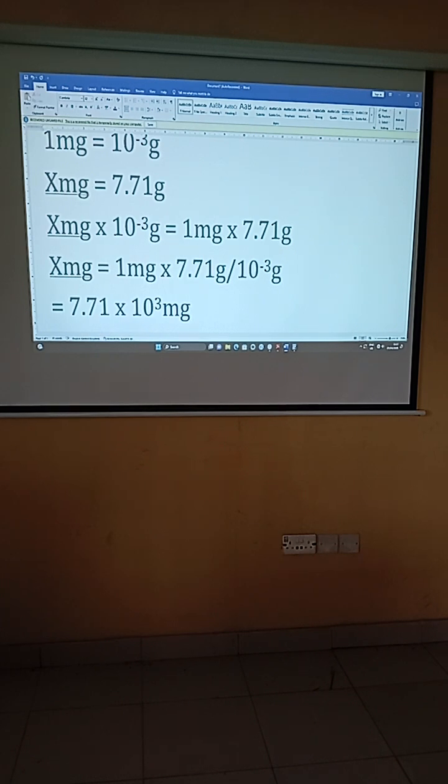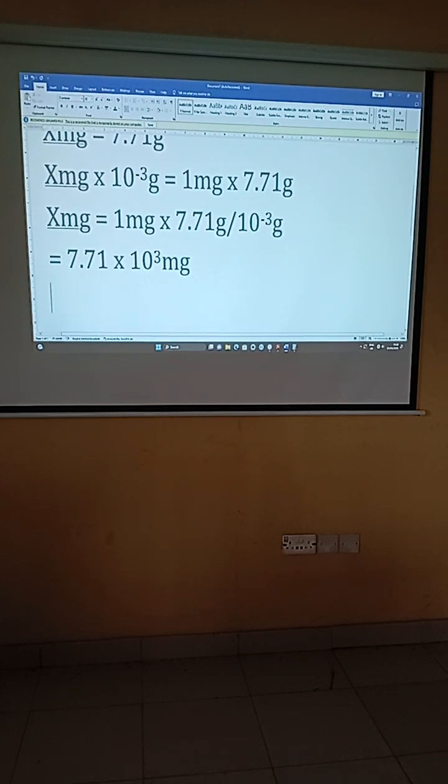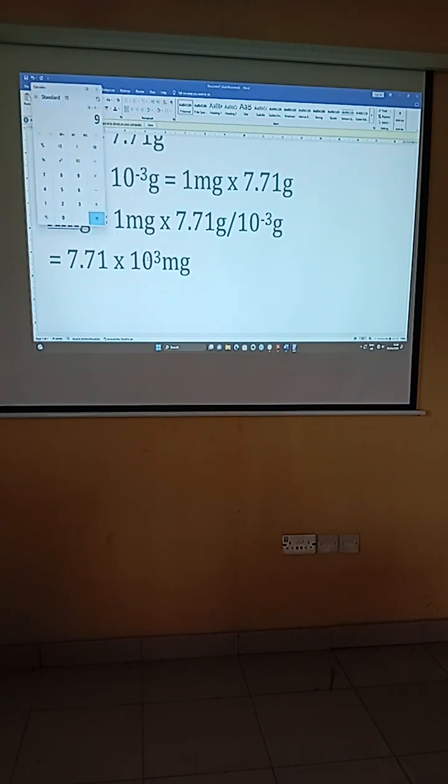That's the answer. If you want to solve further, we already know that 10 to the power 3 is 1000. So we can now use our calculator to say 7.71 times 1000.